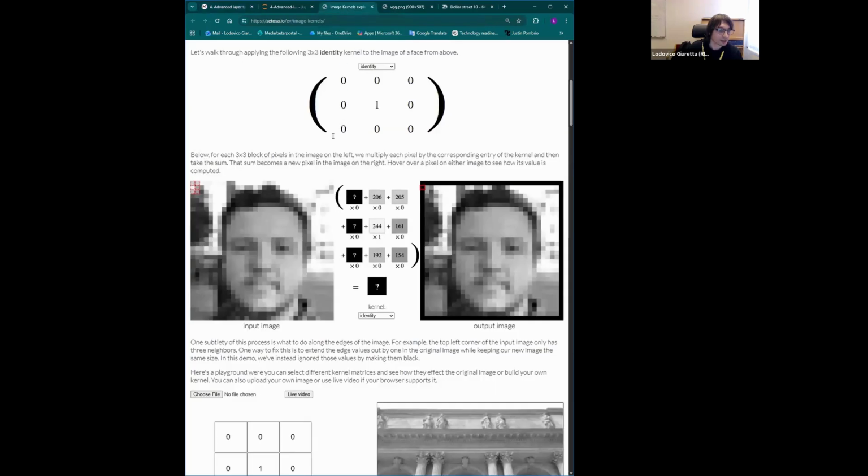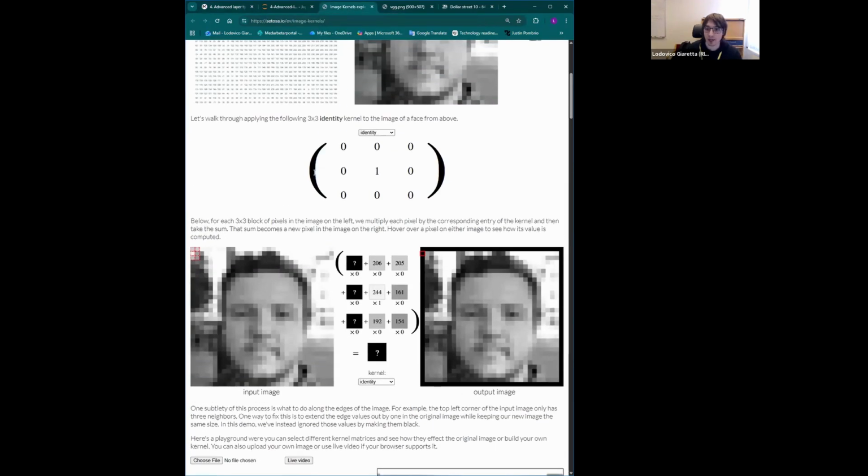What a convolutional kernel or a convolutional filter is, is effectively a neural network neuron that instead of looking at the whole image, only looks at a small portion of the image. So for example, in this case here, we have this image which is black and white, so we only have one value per pixel.